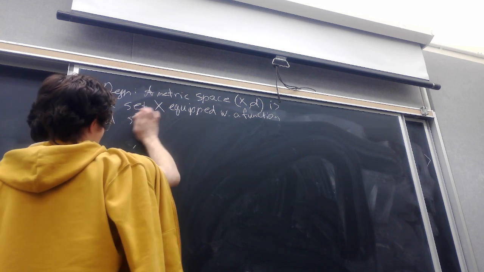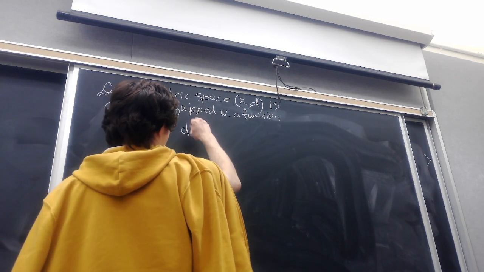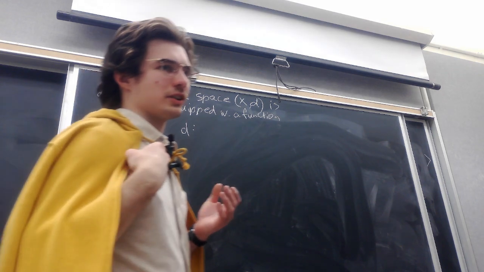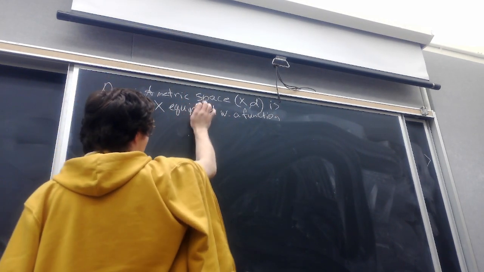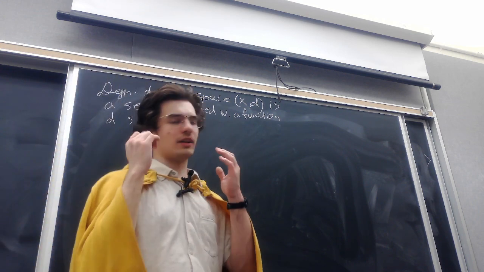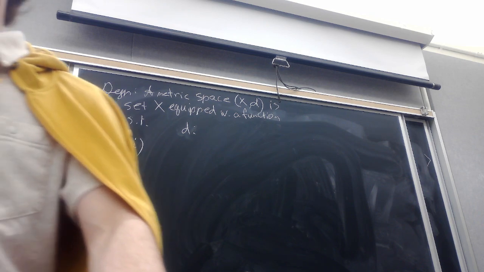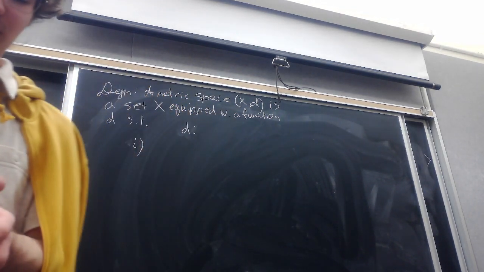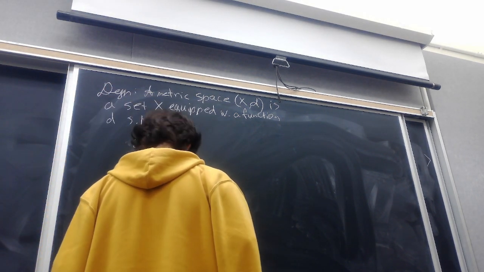So first of all, where is this function defined on? If it's a metric, intuitively, what should this function tell us? Distance, okay. And if you tell me distance, what do the inputs have to be? Two points, yes. We are going to be measuring distance between two points.